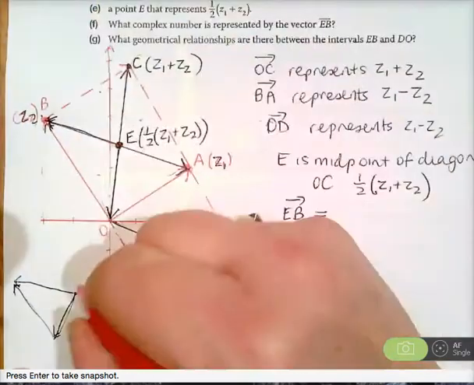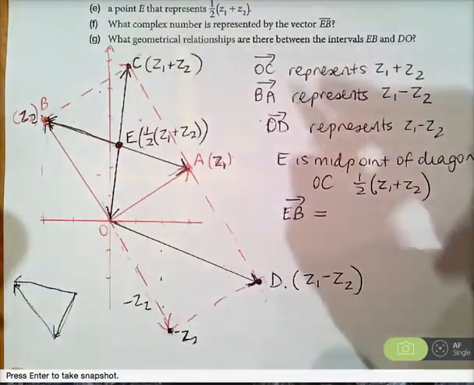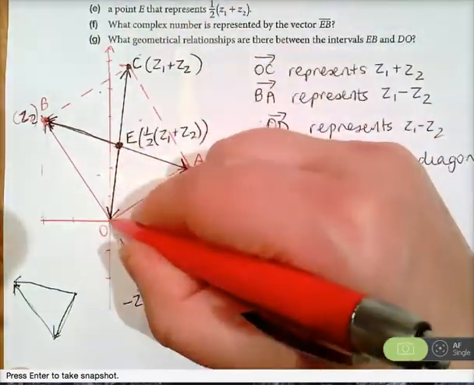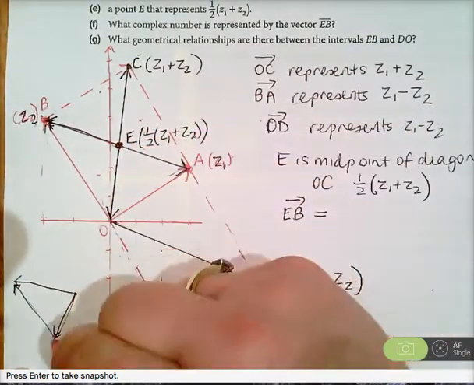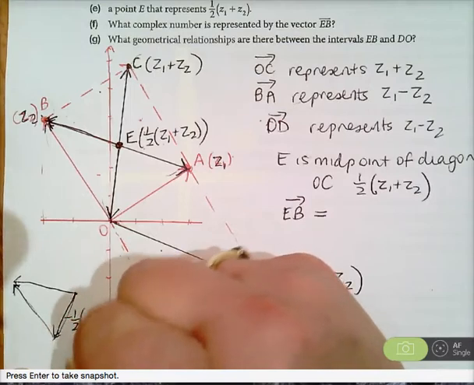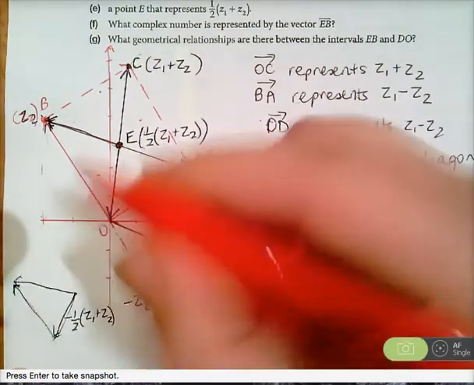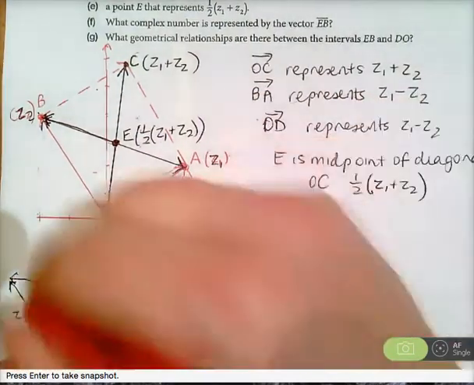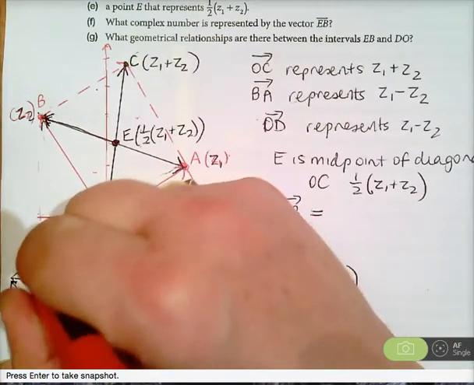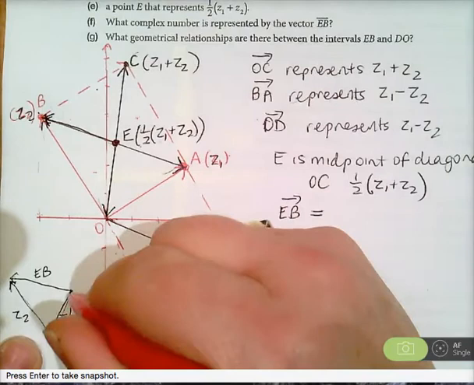Now, if from here to there is a half of Z1 plus Z2, then the vector coming down here is minus a half of Z1 plus Z2, okay? And then this vector up here from O to B happens to be vector Z2. And this is our resultant vector, which is EB. So therefore EB is minus a half of Z1 plus Z2, plus Z2.